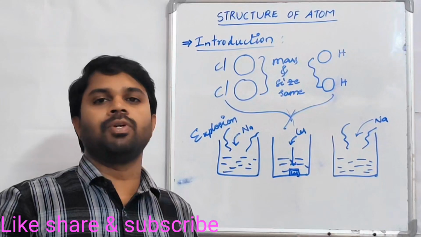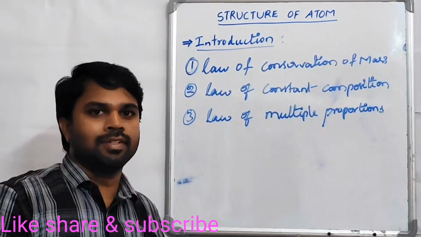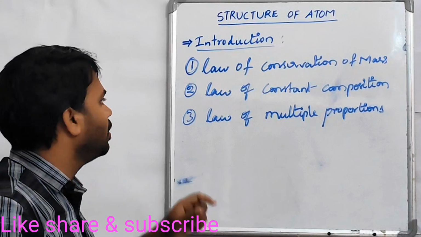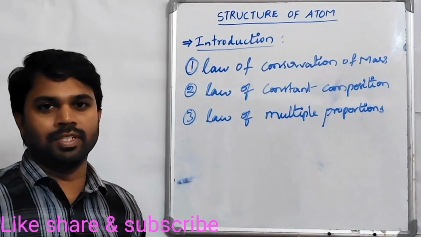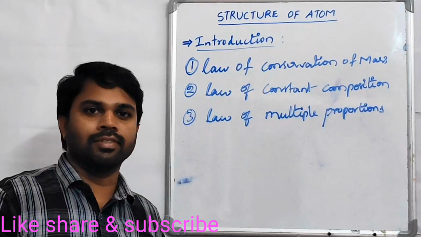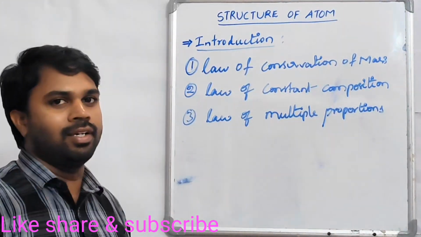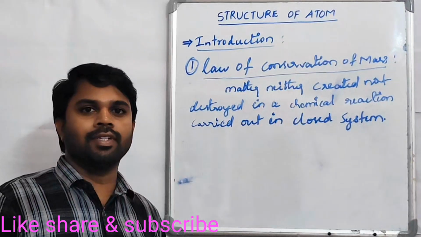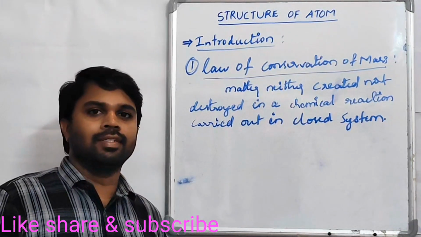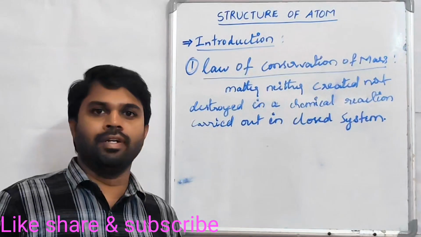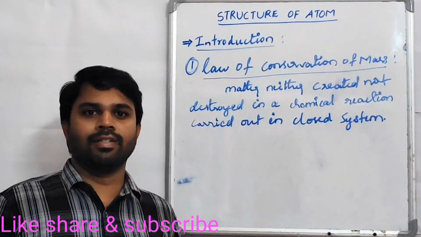This theory was able to explain three laws. First law is law of conservation of mass, second is law of constant composition, and third law is law of multiple proportions. Let's see one by one in detail. Now come to the first law, law of conservation of mass. This law states that matter can neither be created nor be destroyed in a chemical reaction.